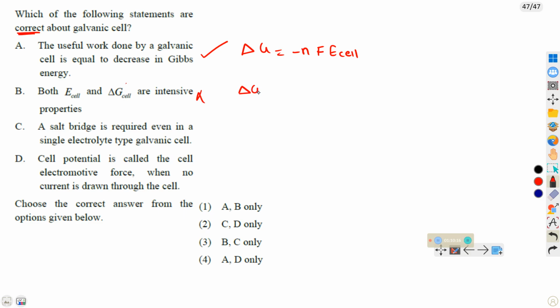Delta G, energies are extensive properties. A salt bridge is required even in a single electrolyte type galvanic cell. Wrong. Cell potential is called the cell electromotive force when no current is drawn from the cell. Correct. So A, D statements are correct statements.